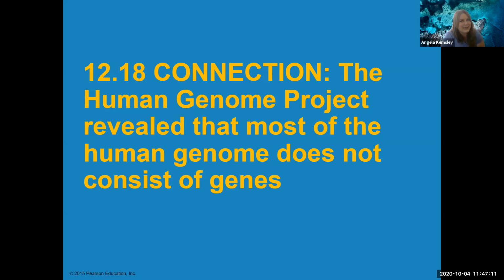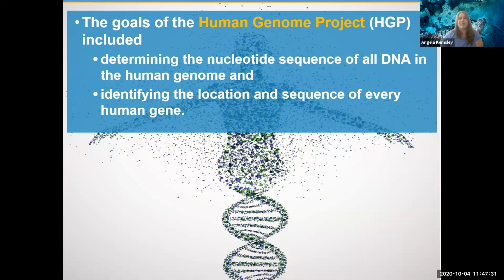That's not entirely true. A lot of the human genome is non-coding, so it doesn't consist of genes, but that doesn't mean that it's junk or useless. We've only been learning fairly recently that even though most of the human genome doesn't code for genes, it still serves a purpose.